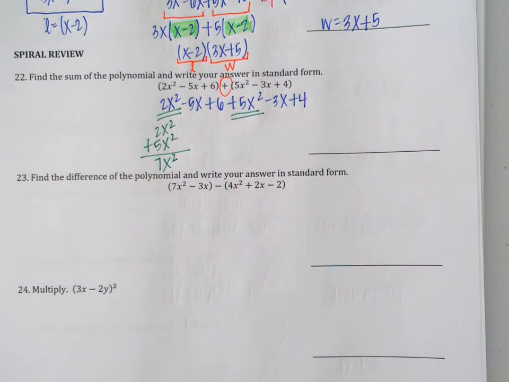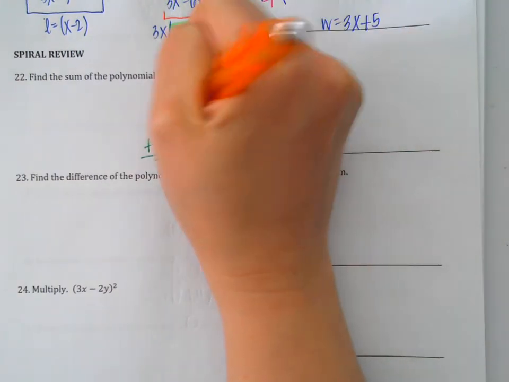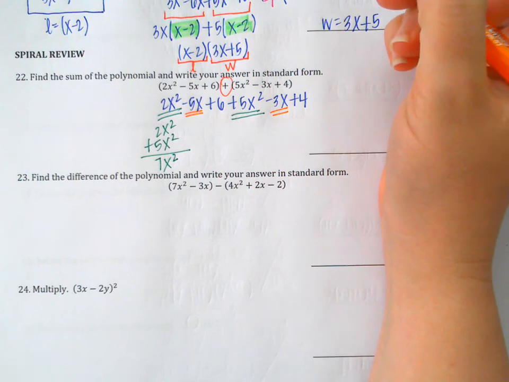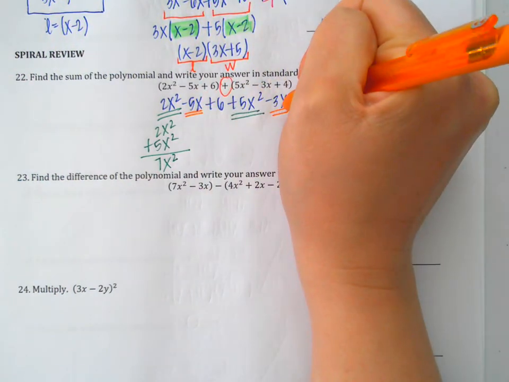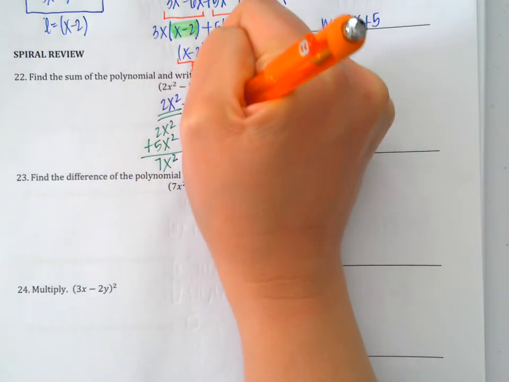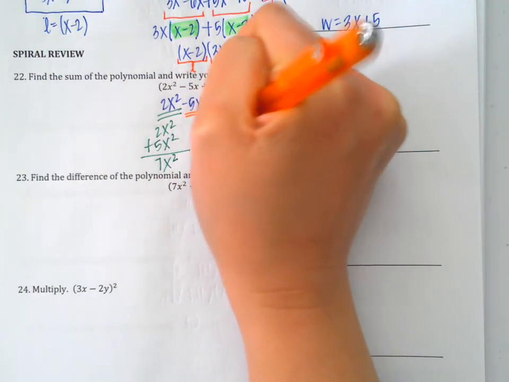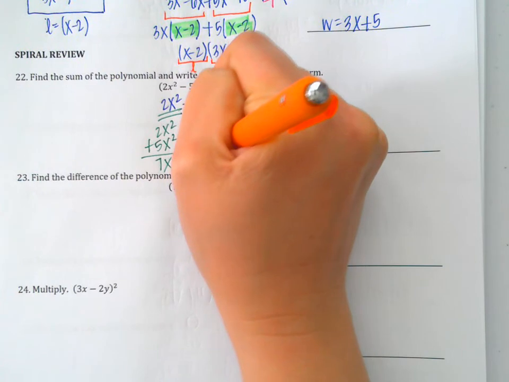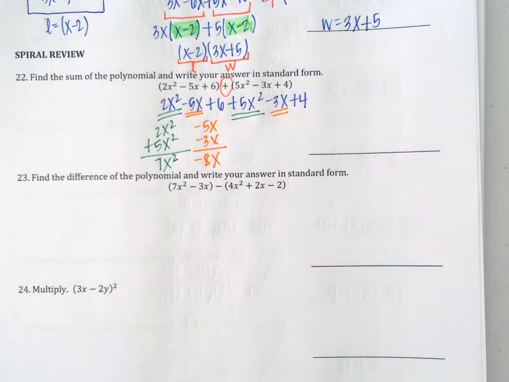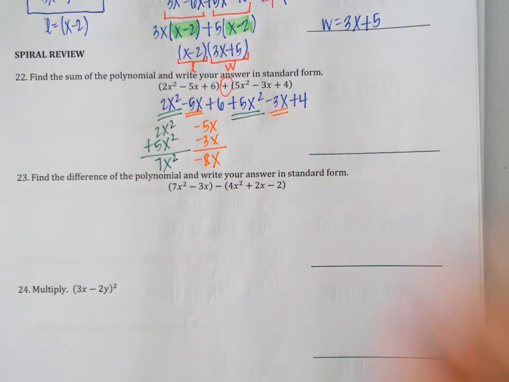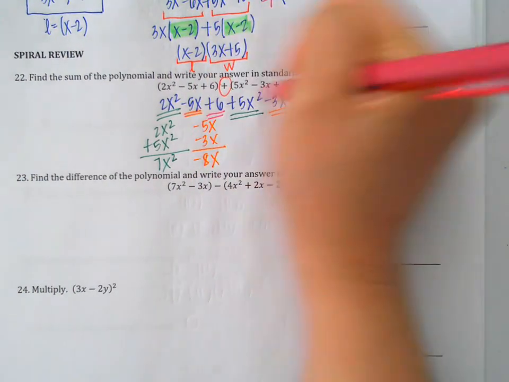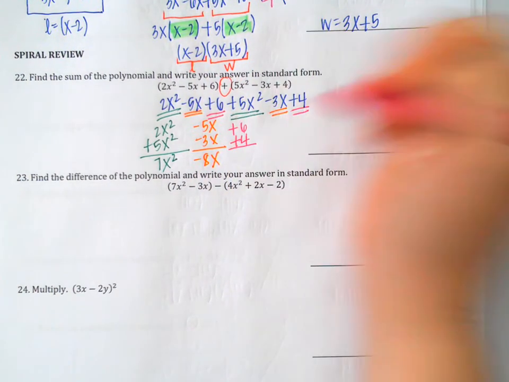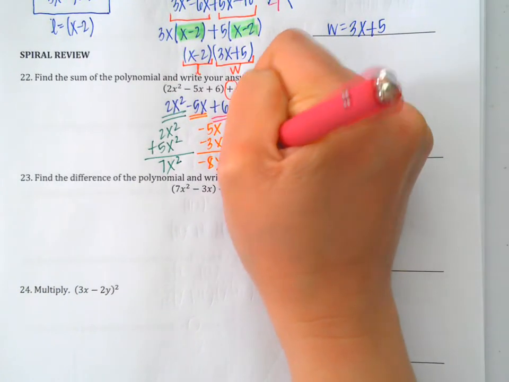Okay, so then we move to the next one. Negative 5x minus 3x. They both have an x. Negative 5 plus negative 3 gets me negative 8. The x doesn't change. And then our last one are the numbers without variables, 6 and 4. 6 plus 4 just gets me 10.